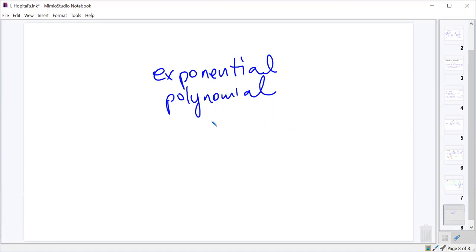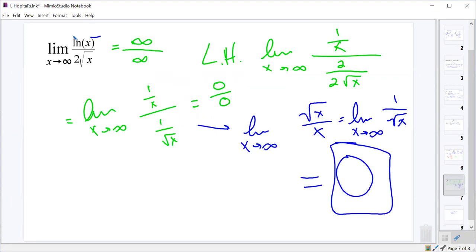So right, the limit as x approaches infinity of any exponential is infinity. The limit as x approaches infinity of any polynomial is infinity, or it might be negative infinity, but it's going towards an infinity. So what are some other functions that do that? Root functions and logarithmic functions, right? Which one increases more quickly, the root or the logarithmic?